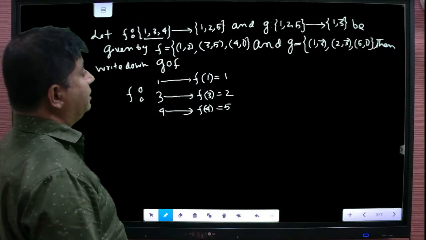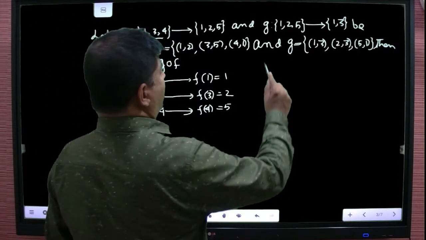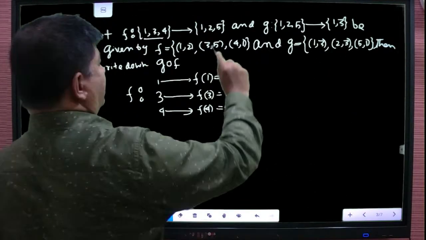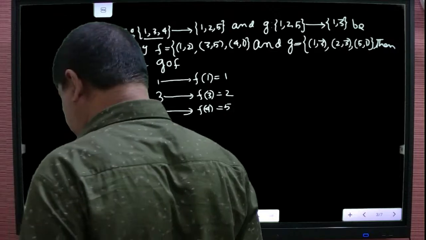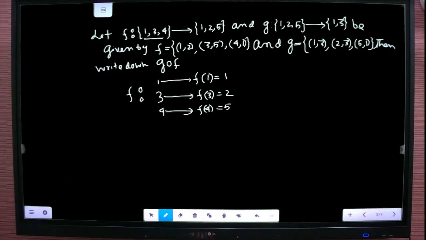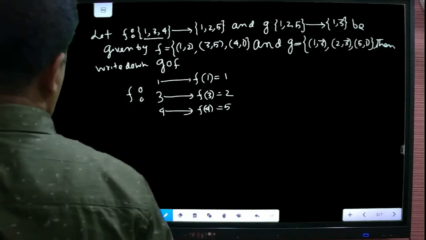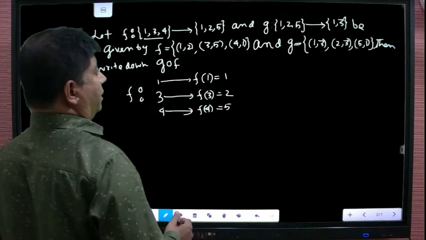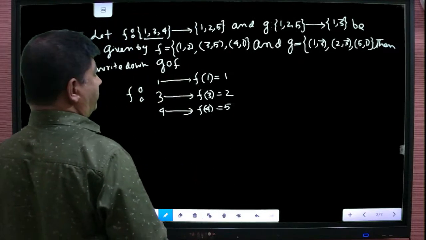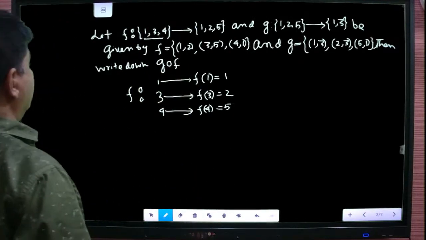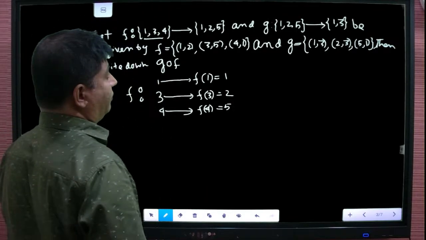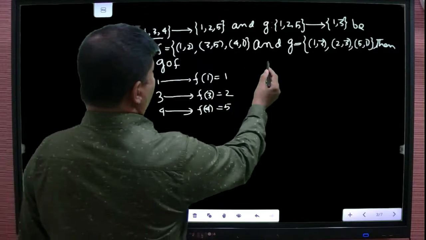Now g does what? g maps these elements to that set, 1 and 3. Okay. We are told to find GOF. GOF means what?